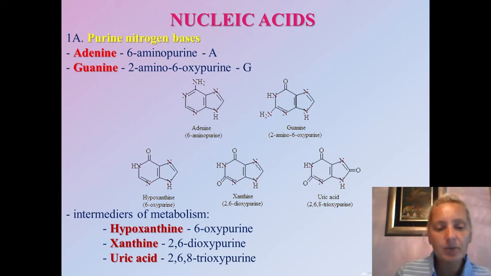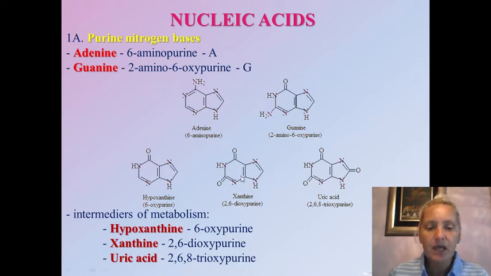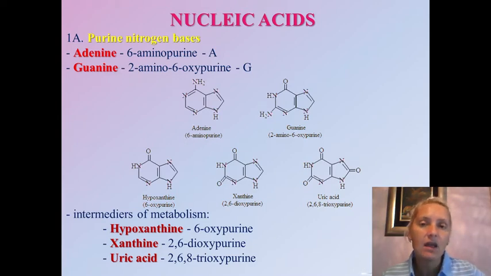Those are hypoxanthine, which is 6-oxypurine, then xanthine as an oxidized form of the previous one, 2,6-dioxypurine, and uric acid as the oxidized form of the previous one, which is 2,6,8-trioxypurine. Uric acid is the final degradative product of the metabolism of adenine and guanine, and that is the molecule which is going to be excreted from our organism.